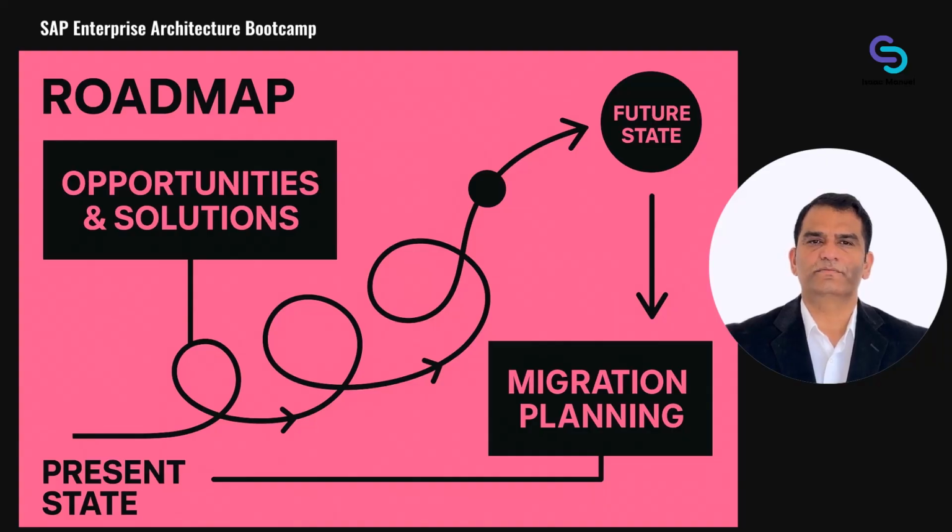You break down the future state into work packages, projects, or transition architectures, intermediate states on the journey. SAP's EA framework provides guidance on prioritizing initiatives, perhaps using impact-effort matrices, and sequencing them in a roadmap, diagram, or table. This could be a multi-year plan if it's a big transformation.